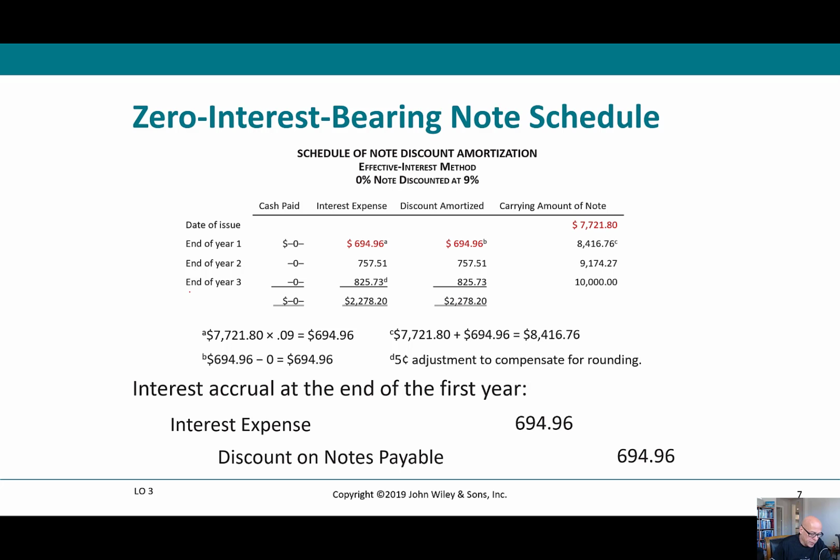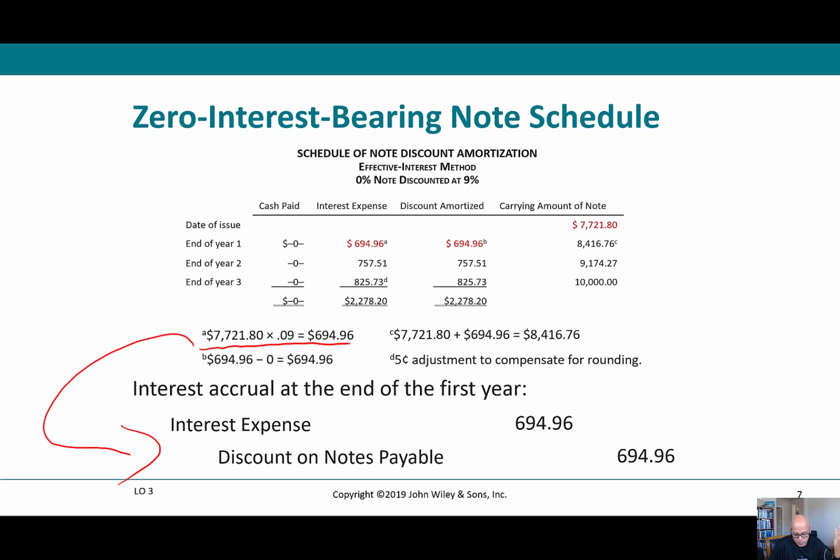So when you look at this table on the next page, that's basically what they do for year one, since this money, I guess, was borrowed on January 1st. For year one, it's a full year. If they borrowed it, say, in July, then it would only be 6 months interest, whatever, right? But since they borrowed this money July 1st, we do it for the full year, okay? We take the 9%. We debit interest expense, $694.96.